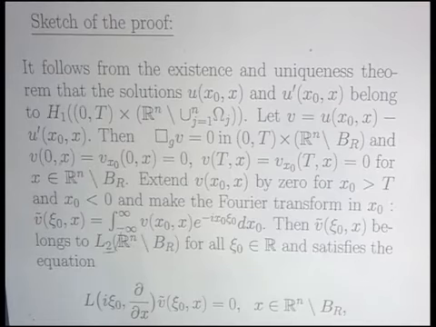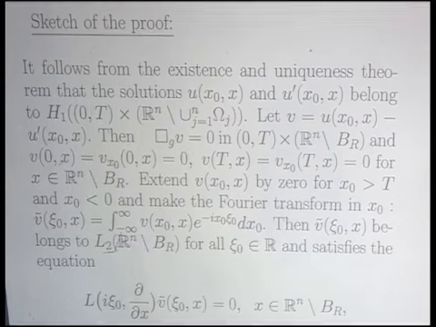So this is, I think, a new type of inverse problem. And the proof is very short, reduction to the previous theorem. So this initial boundary value problem exists in L2 and H1, and take the difference. Take V as the difference.